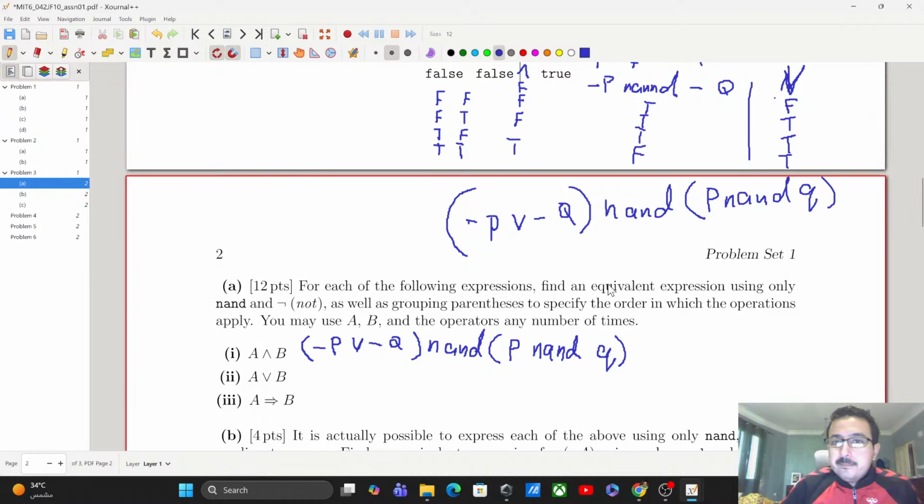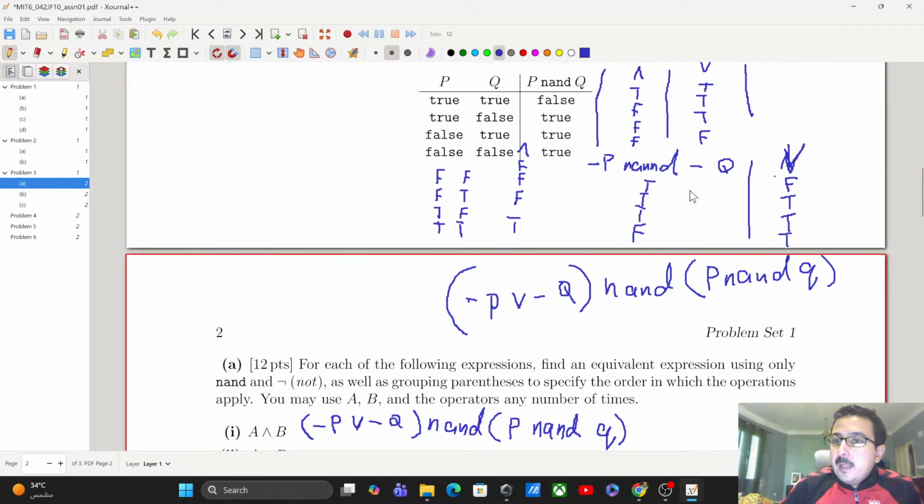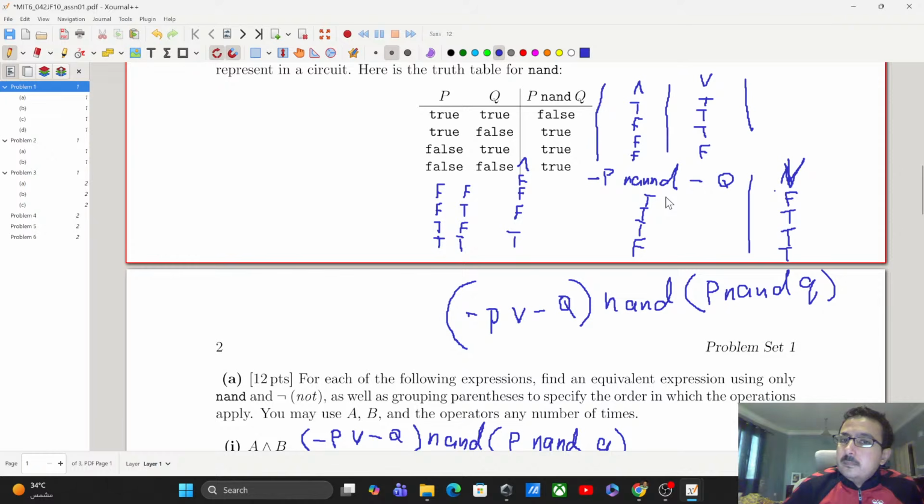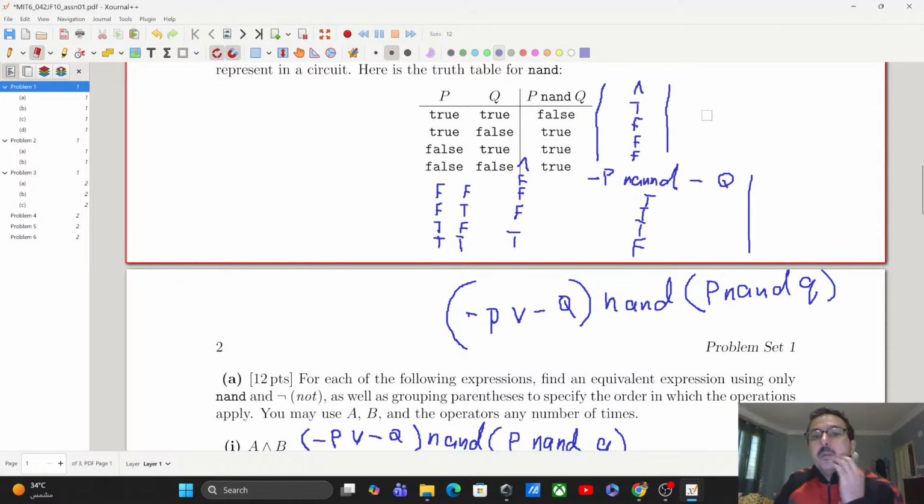Is correct. Yeah. So this cannot be used. This one, actually, this one cannot be used. So think again.